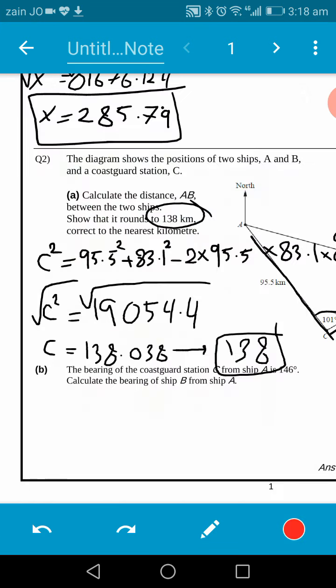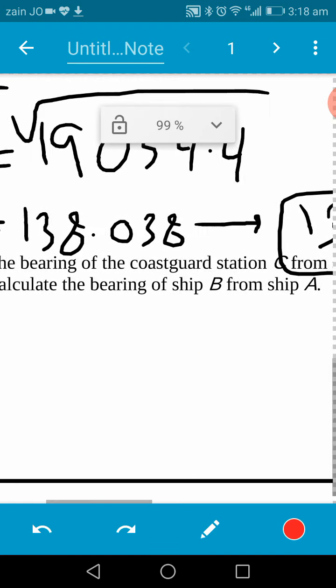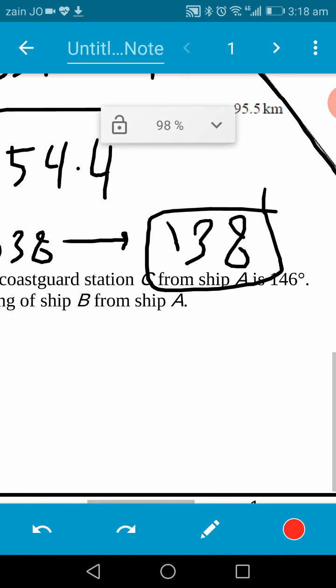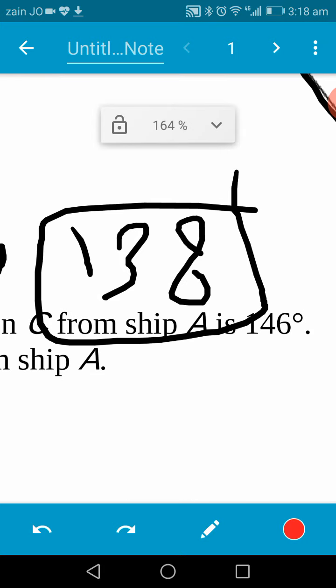The bearing of Coast Guard Station C from ship A. Who is the starting point, teacher?